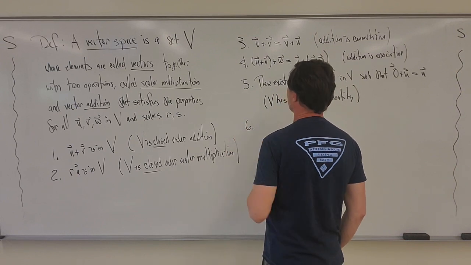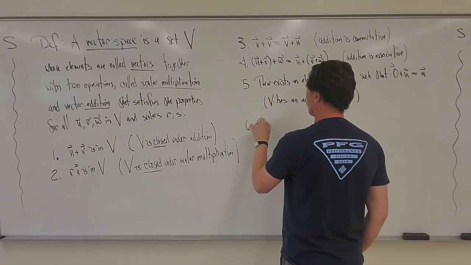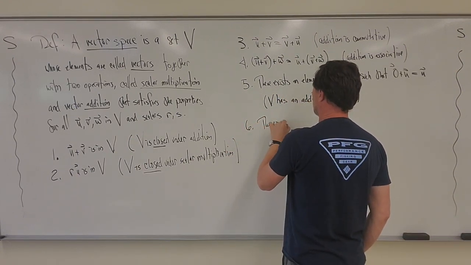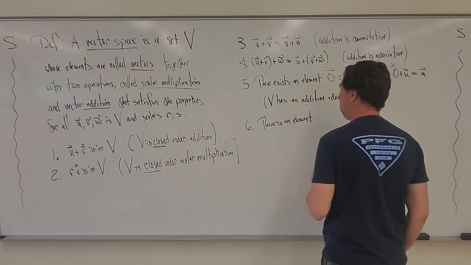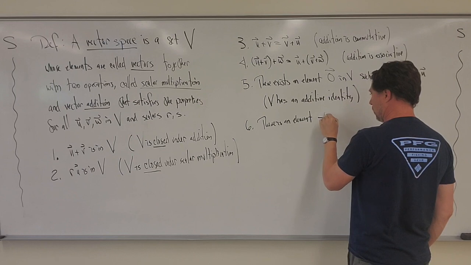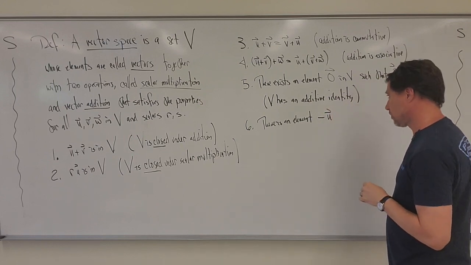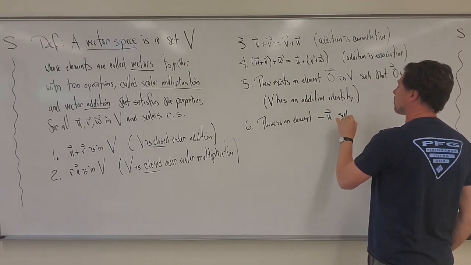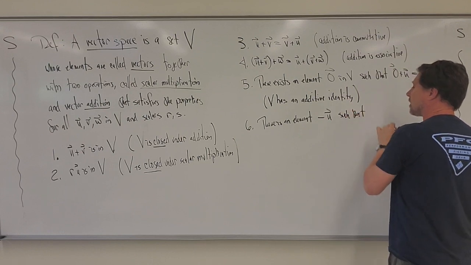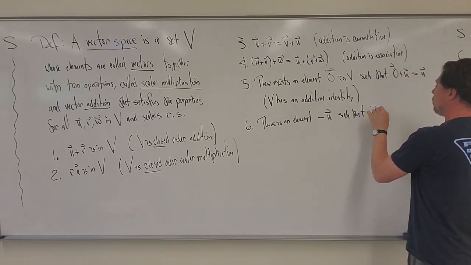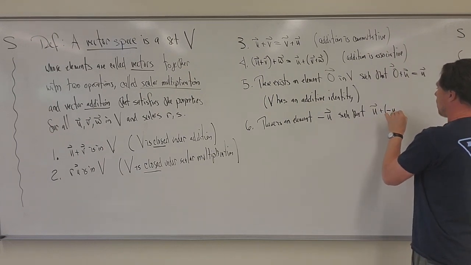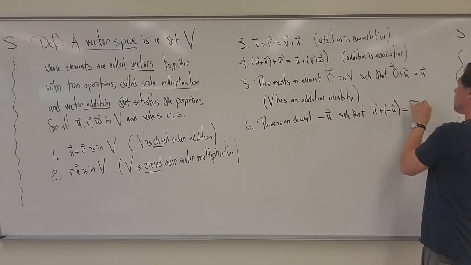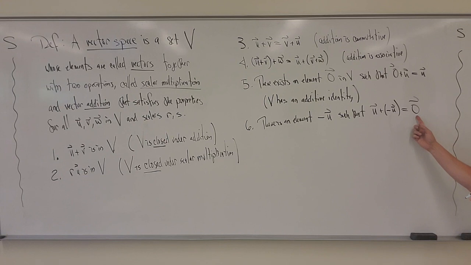Number 6, there is an element which we'll write as minus u, such that u plus minus u is equal to the 0 vector.